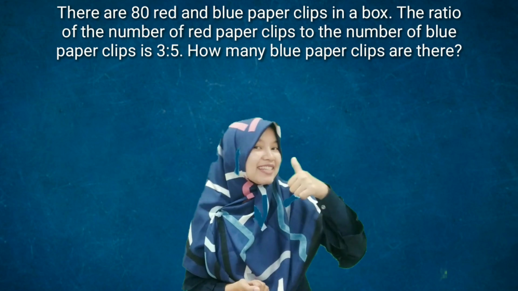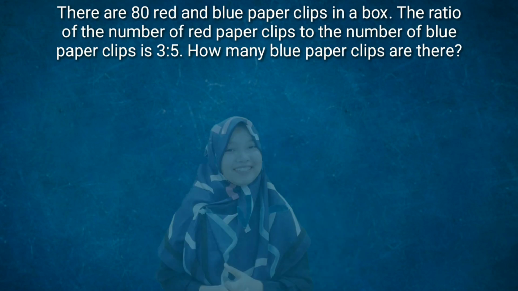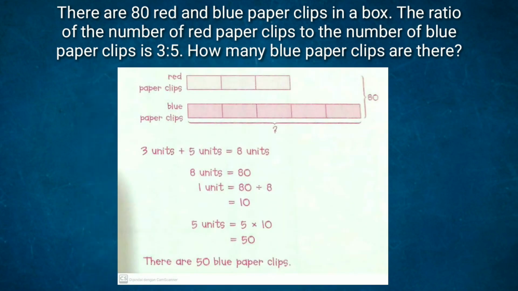Okay, let's count. For the first step, let's draw a bar model to represent the ratio of the number of red paper clips to the number of blue paper clips. The ratio of the number of red paper clips is 3.